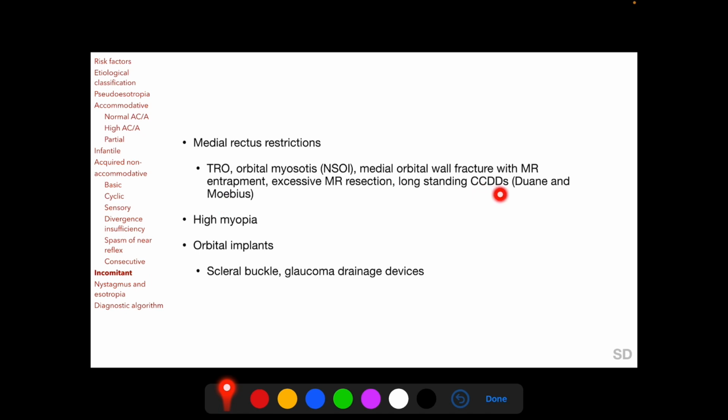CCDDs are congenital cranial dysinnervation disorders, which we will be discussing in the session on special motility disorders. Esotropia associated with high myopia, which we have discussed earlier in this session, can also be incomitant, and orbital implants such as scleral buckle and glaucoma drainage devices can also cause incomitant deviations.